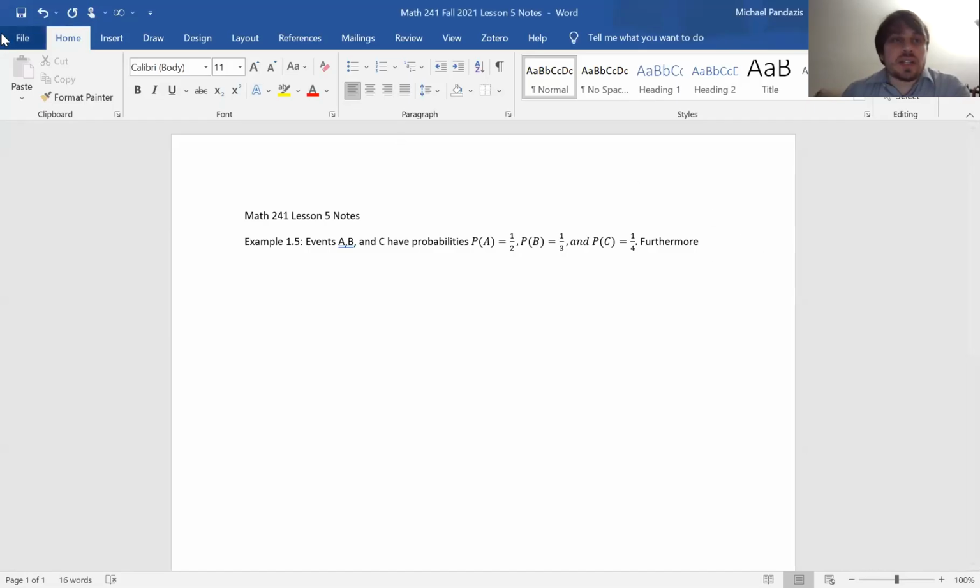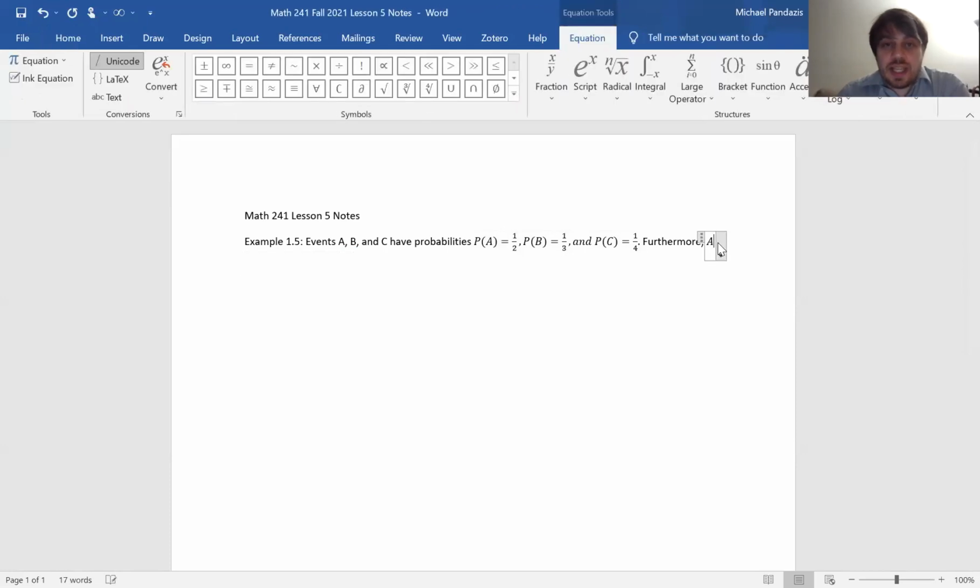Okay, so we have example 1.5. Events A, B, and C have these probabilities. Furthermore, A union C is equal to the empty set.